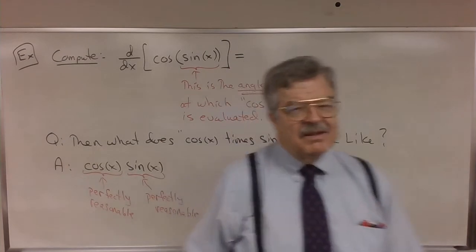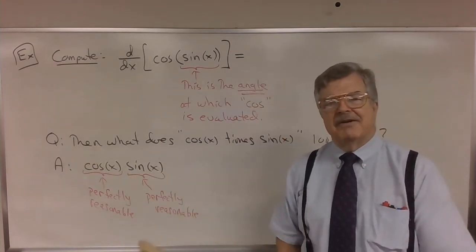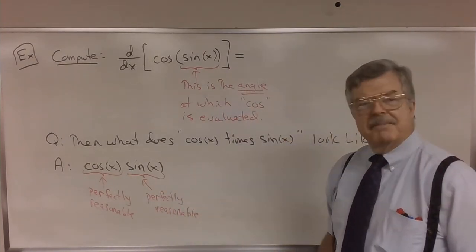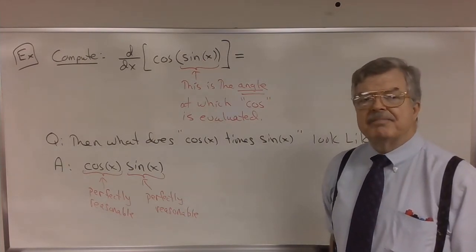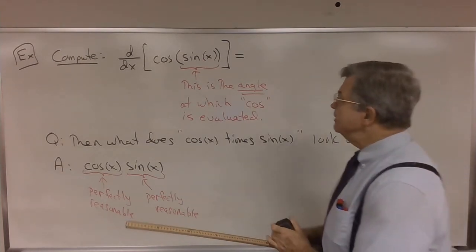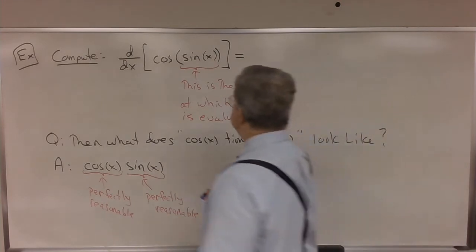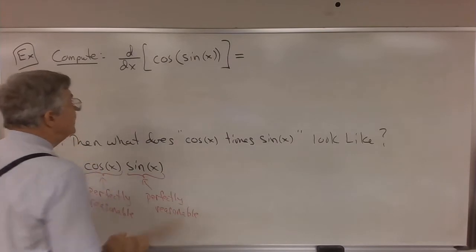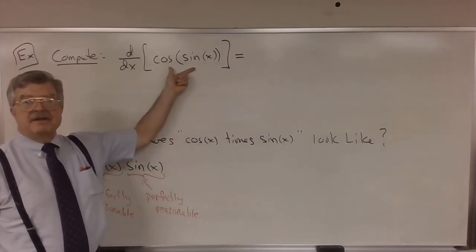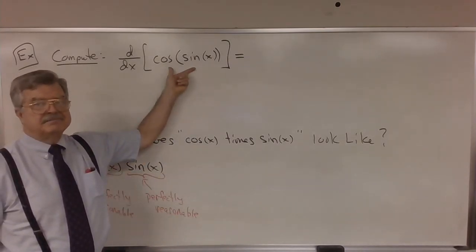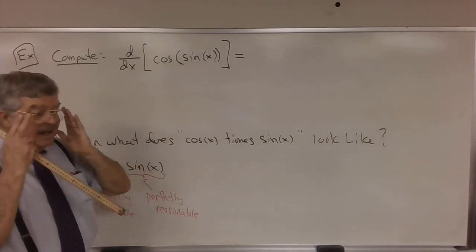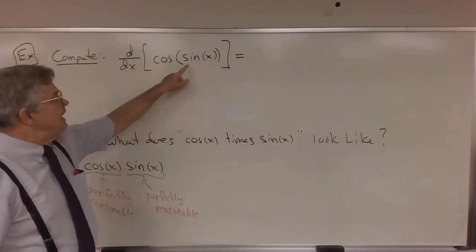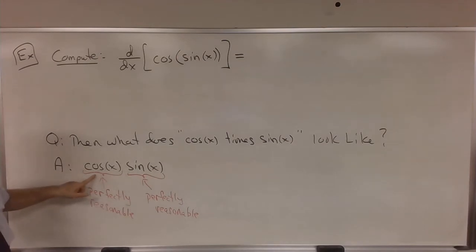And yeah, we killed a little time clarifying that, but I'll tell you what, maybe it was time well spent, because a lot of people will look at this expression and they'll say, cosine times sine, this is a product. Cosine of x times sine of x, like we have here, that's a product.